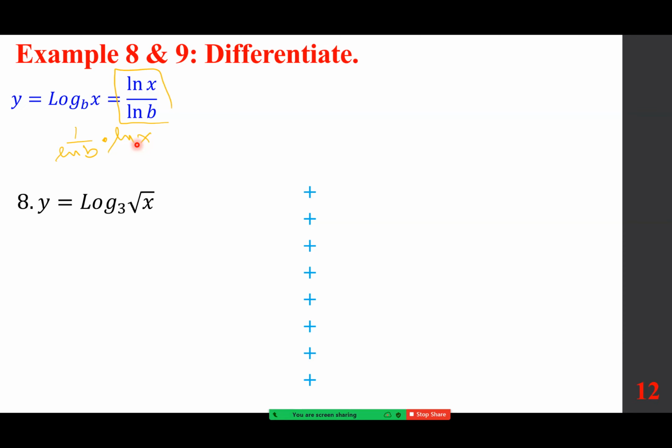So y prime is 1 over ln b times the derivative of ln x is 1 over x, and we write it in this fashion, 1 over x ln b.